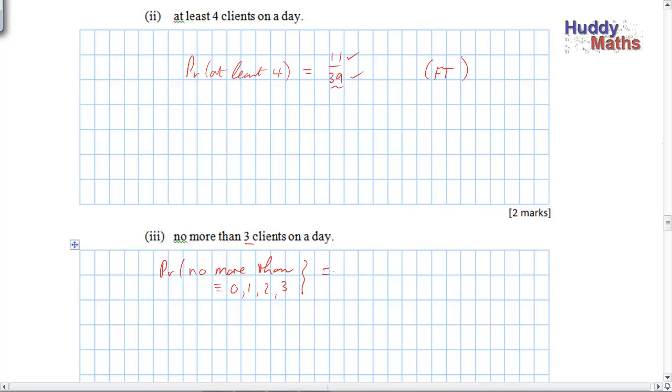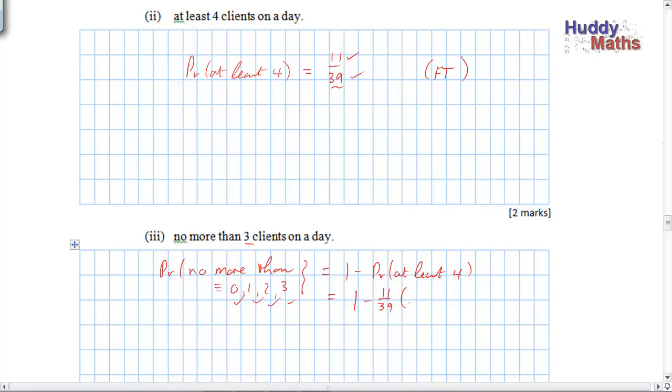But rather than do 4 additions like that, you might say, well, what's the complement? No more than 3 means 1 minus the probability of at least 4, which was our previous answer. So we'll pinch the answer from there.